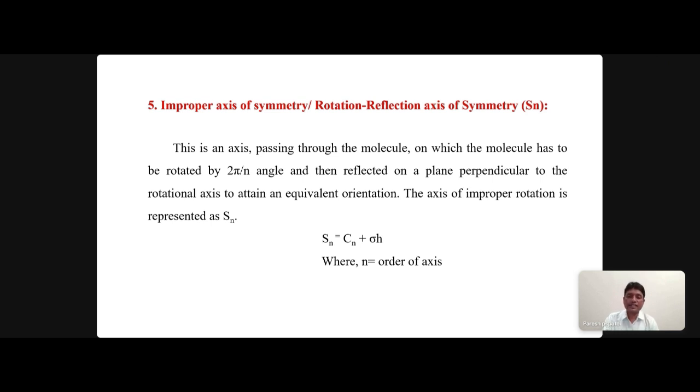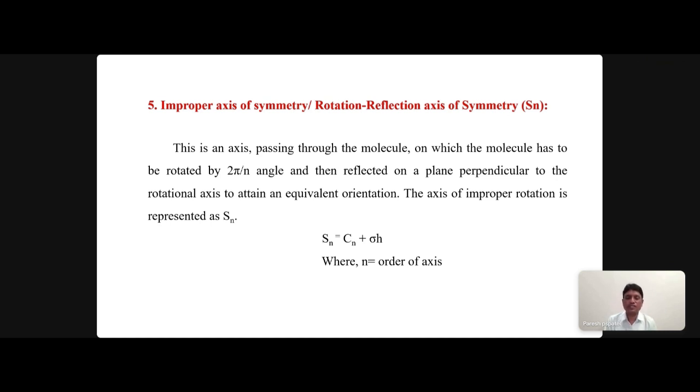This is an axis passing through the molecule on which the molecule has to be rotated by 2 pi by n angle and then reflected on a plane perpendicular to the rotational axis to attain an equivalent orientation. So Sn is equal to Cn plus sigma h. It means it is a combination of a proper axis of rotation and reflection through the horizontal plane.